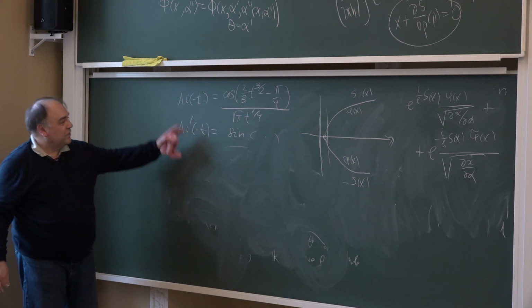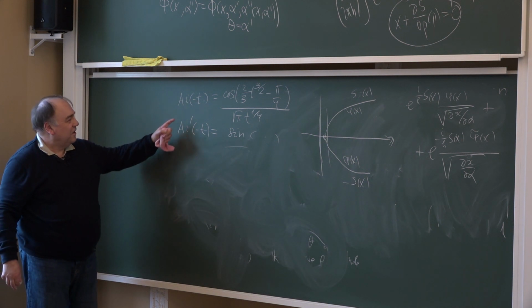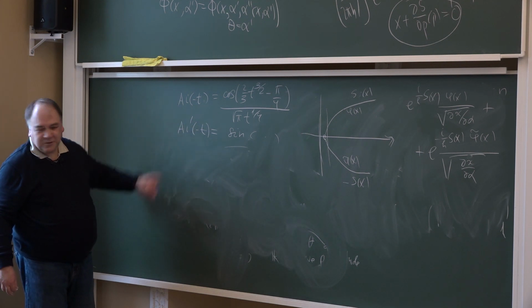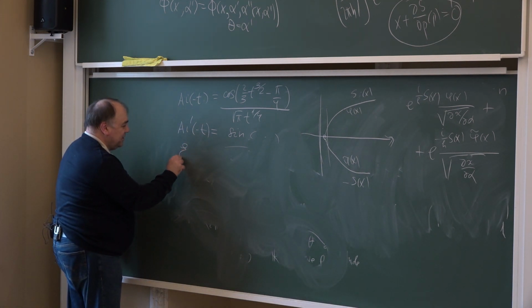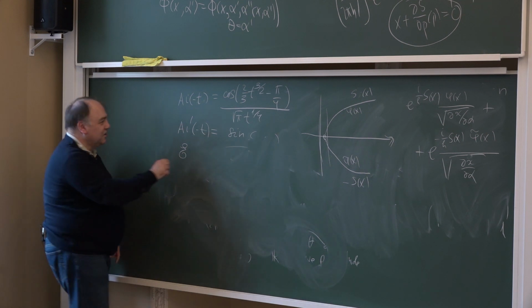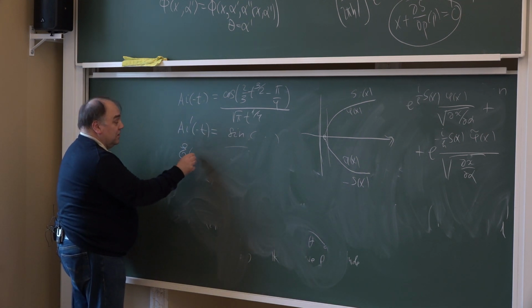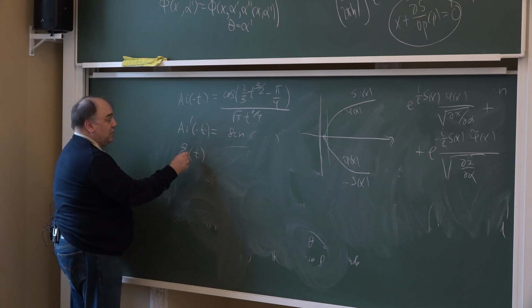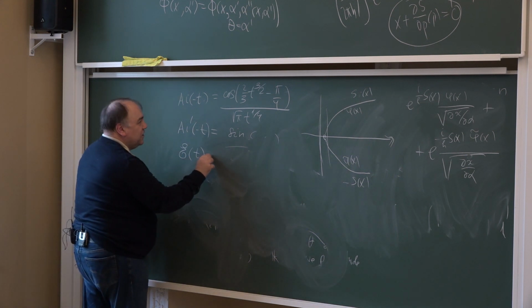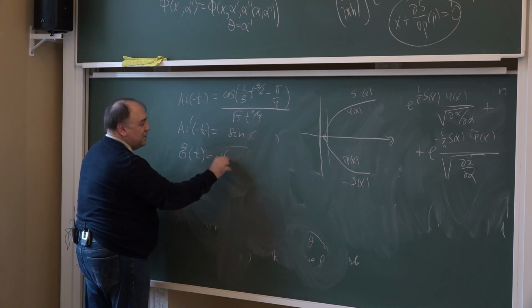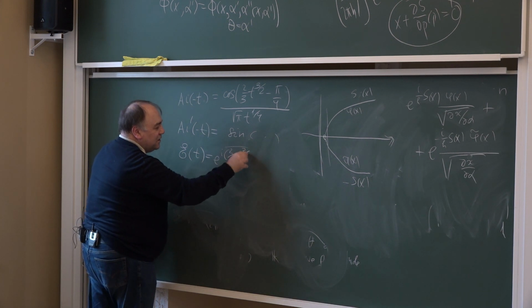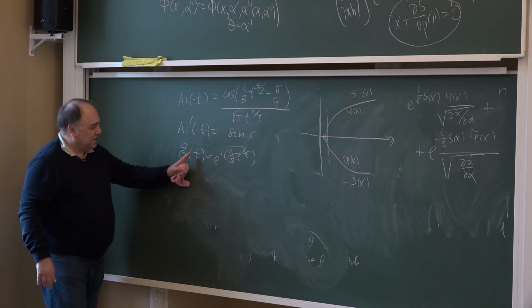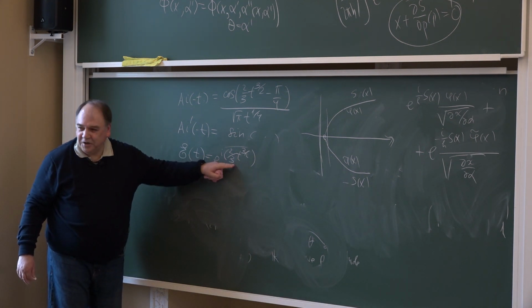Okay, so if I multiply this by i and add to this with appropriate coefficients, I obtain a function I denote by E of t, which is equal to e to the power, plus lower order terms.